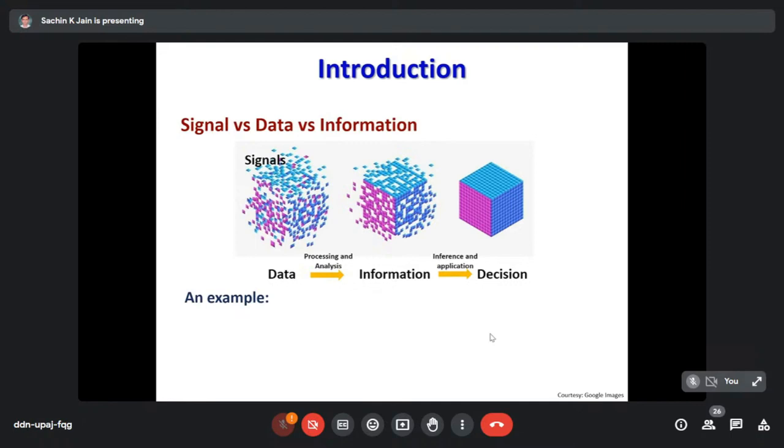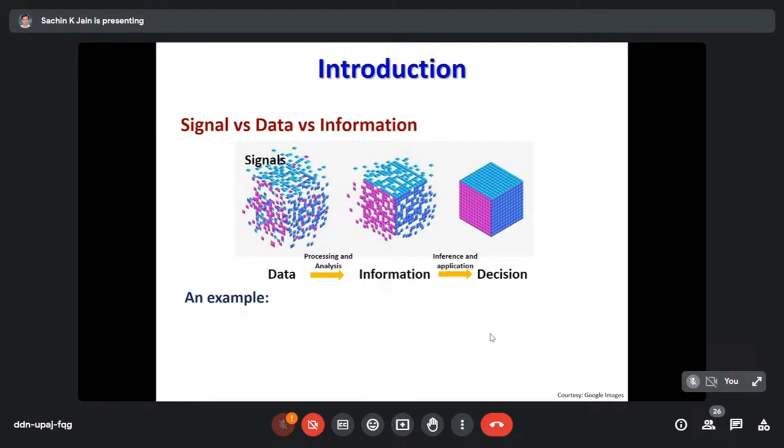Multiple signals together could be data. And data in itself is not very useful. But when we process it, when we properly present it, then it gives us some information. And then information helps us in decision making through inference and proper logic.